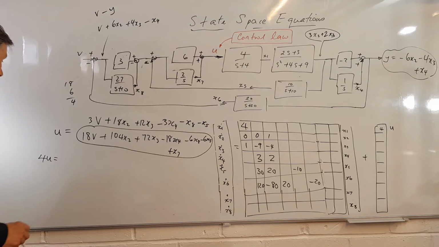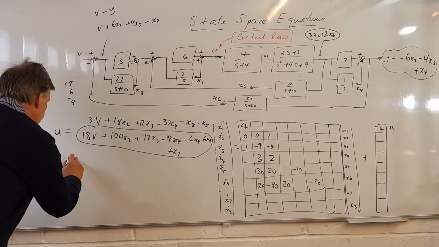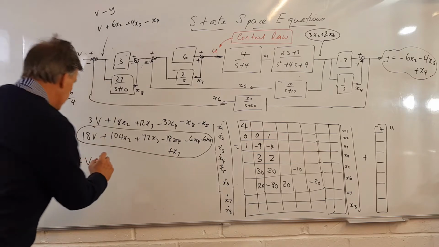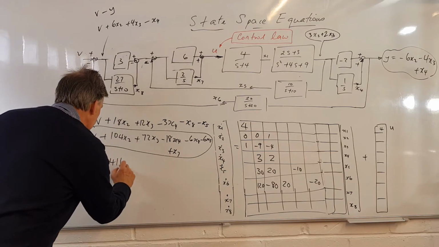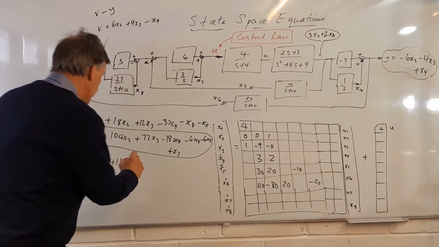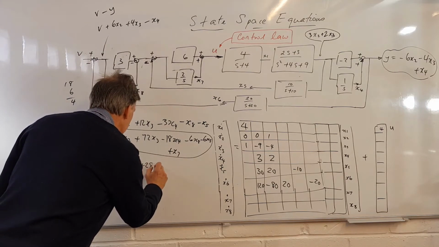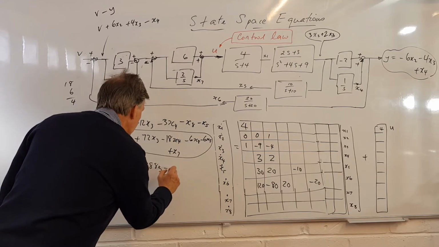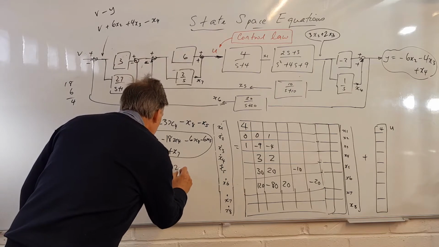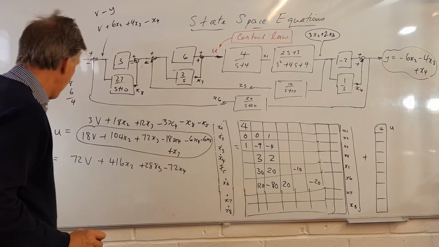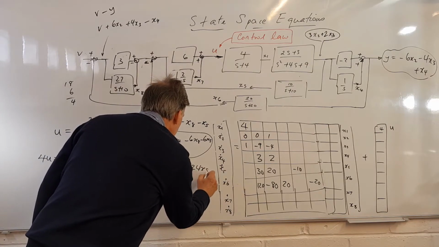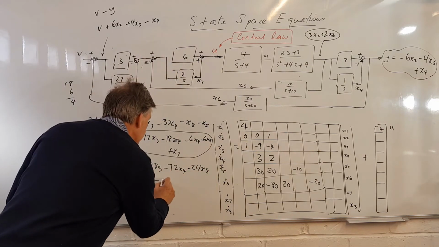So 4 18s are 72. 4 of these will be 416. 4 72s will be 288. 4 18s will be 72. 4 6s are 24. 4 6s are 24.